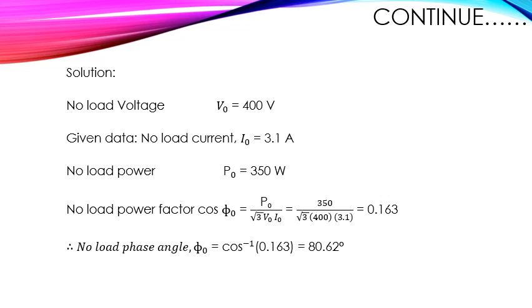So no load power is 350, no load voltage is 400 and no load current is 3.1. Putting those values, we get the no load power factor as 0.163. Then to find the no load phase angle, take the cos inverse of 0.163. So the no load phase angle is 80.62 degrees.